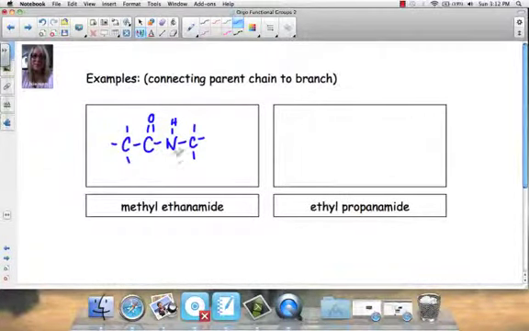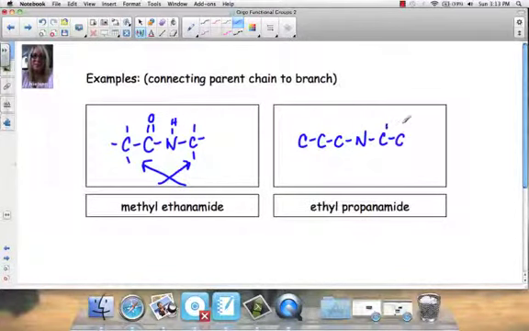So here's your methyl part, and here is your ethyl part. Ethyl propanamide. So we've got P, N, and we have CH2 on this side, and our double bonded O.